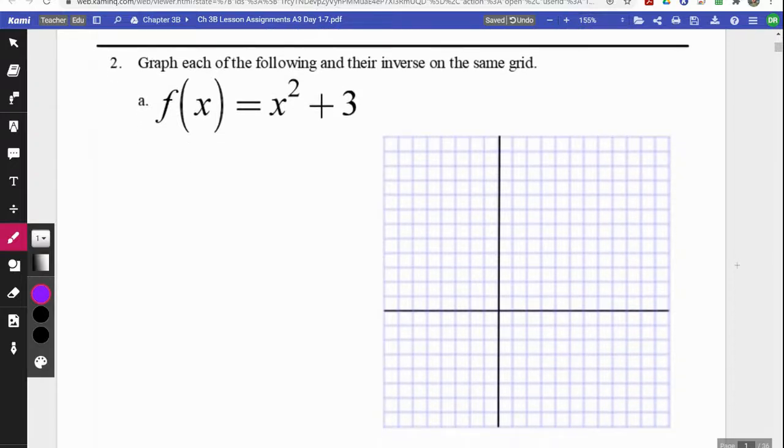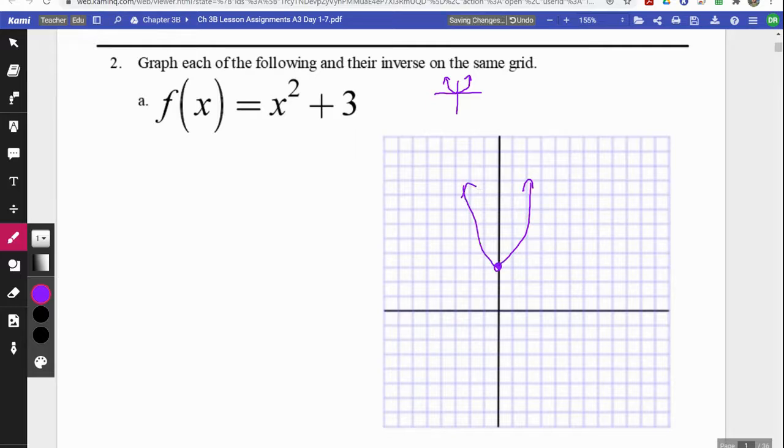When we actually have a function instead of just points, we have to do a little bit more work. We should know something about transformations. So the parent function of this graph would be x squared, and it's just a parabola that's right at the origin. The vertex is at the origin, but this transformation says it's going up 3. So it helps to have some knowledge of the previous part of the unit, in that this graph is identical, it's just up 3, and then it's going to go something like this.